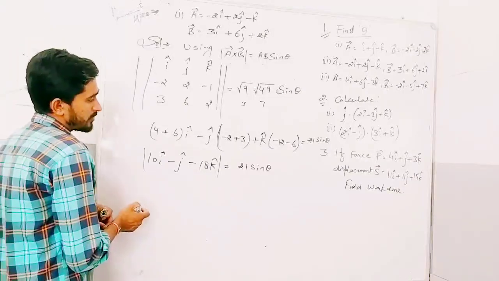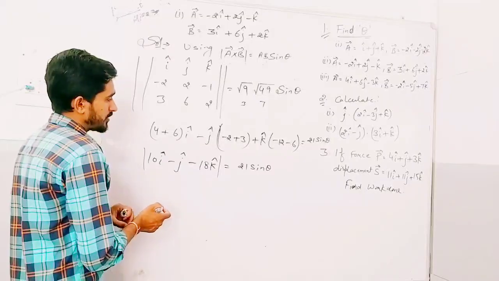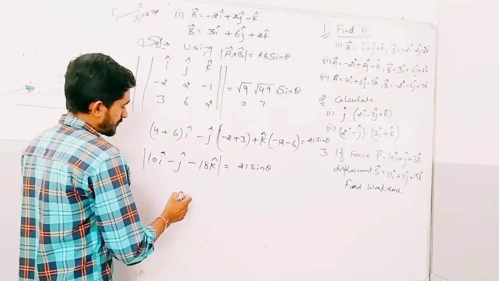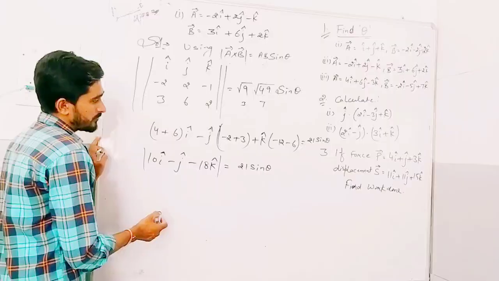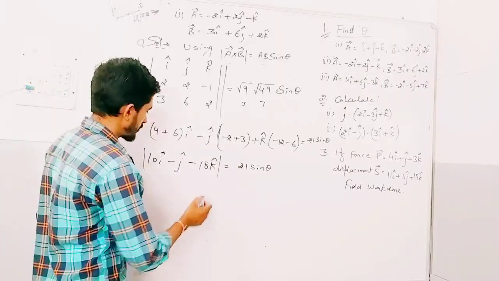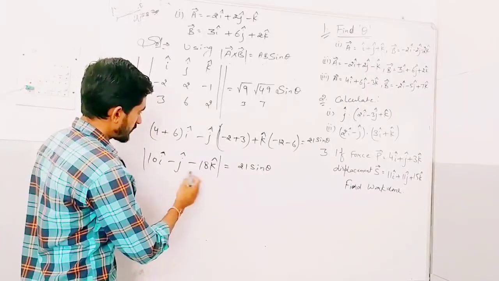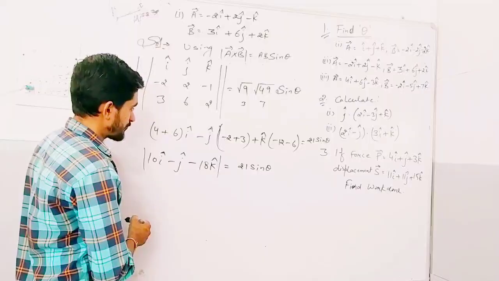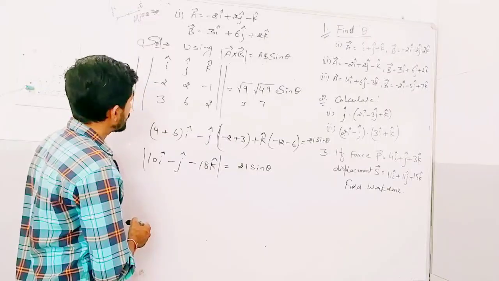This is not giving me the accurate answer. Let's hope we will reach something. Okay, now I think it will get 441 so that we can cancel it out.